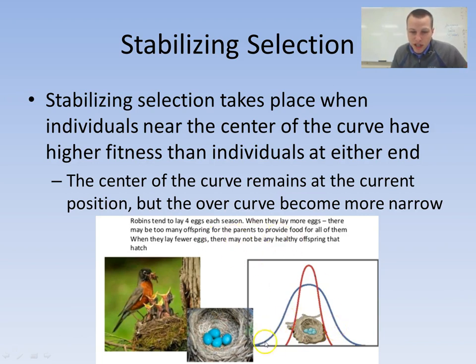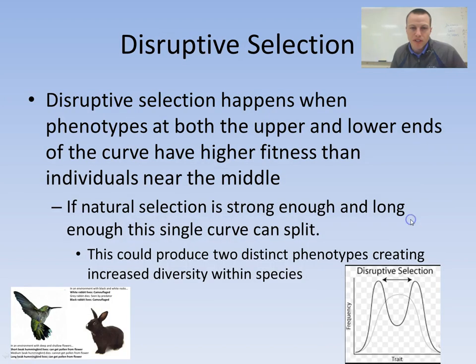If there are too few eggs, which would be out here, offspring could not be healthy. So they have to have other individuals surrounding them. So 4 is the magic number for robins, and that's what we usually see in a nest, and that's why it's very selected for here. And that's the trait that we see a lot of in stabilizing selection. So it narrows over time is what that bell-shaped curve does.